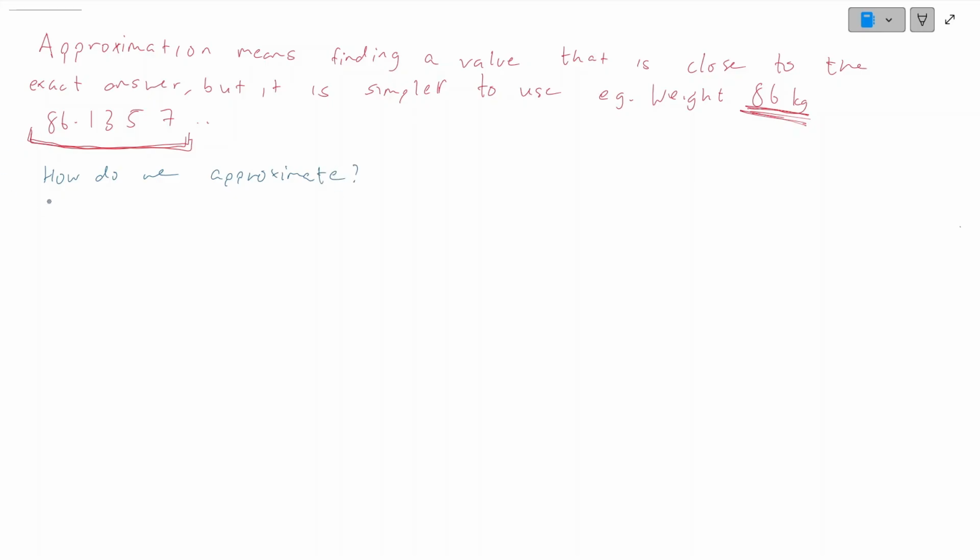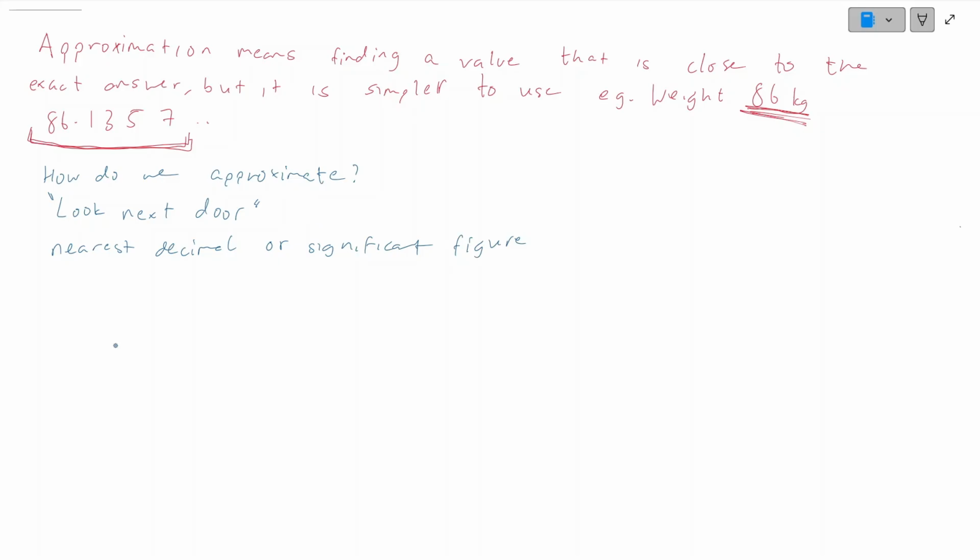The rule that we use, I call it the look next door. Whether you are approximating to the nearest decimal or significant figure, the look next door method is the same.